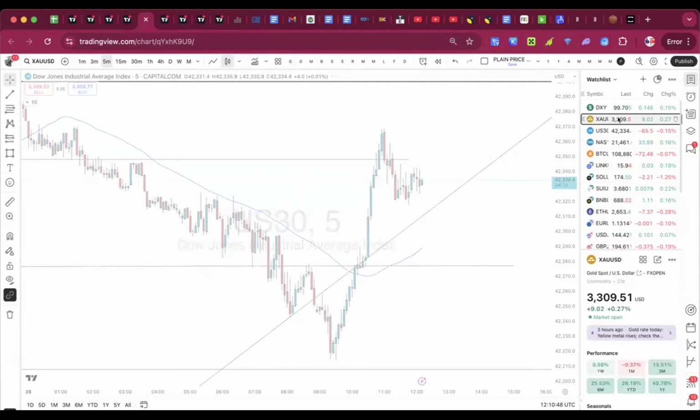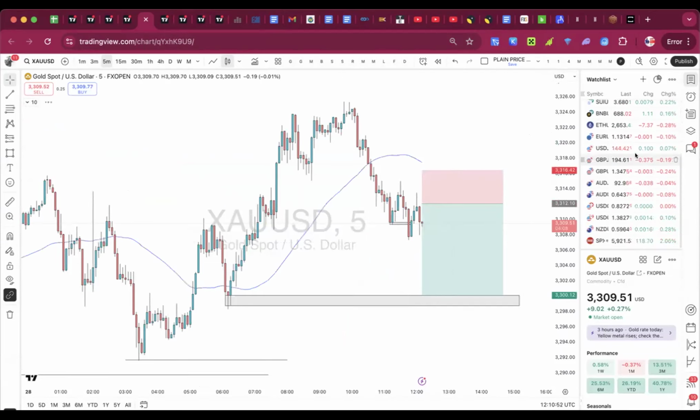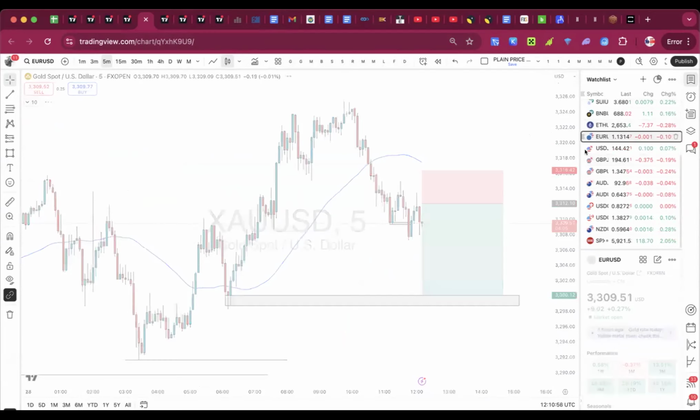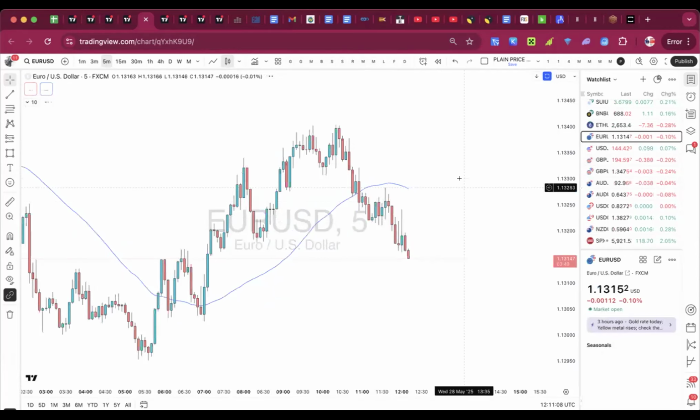So gold was still selling Euro USD. Euro USD. Let's look at it. It's talking of buy. Well, because they do scalping, no?